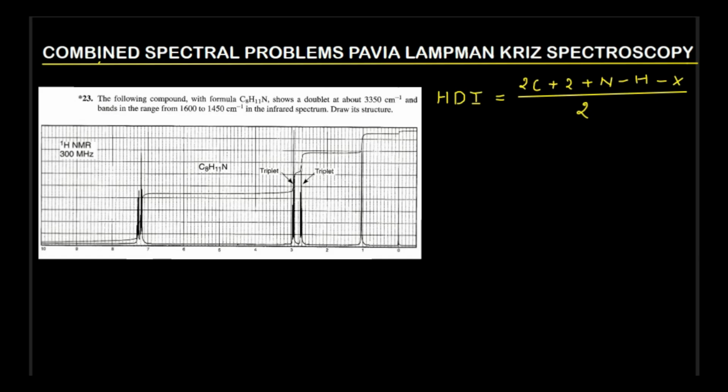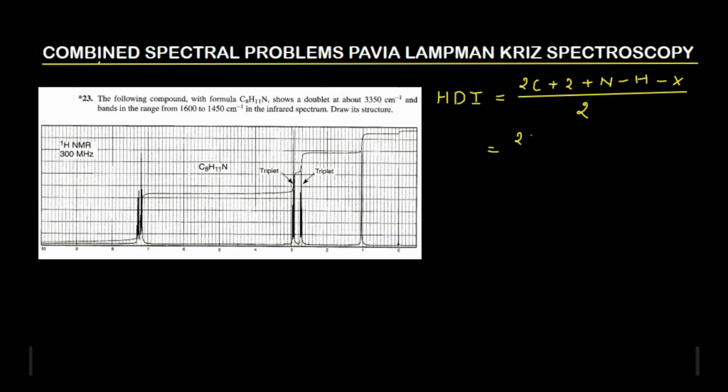So how can we calculate it? 2 is a constant, and the number of carbons given in the question is 8, right? So it is better to write C8H11N. Then plus 2, and one nitrogen is there, so you add 1 to it, and then minus 11 minus 0, and then you divide it by 2 according to the formula.